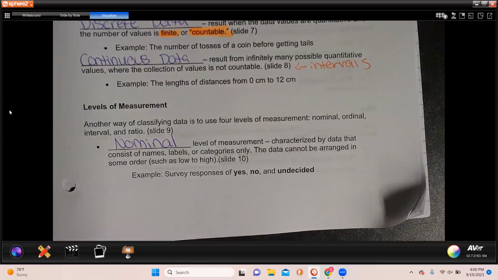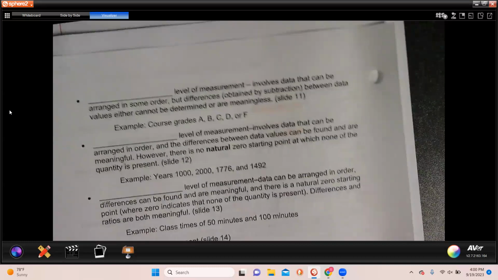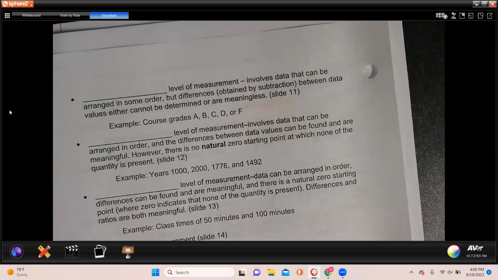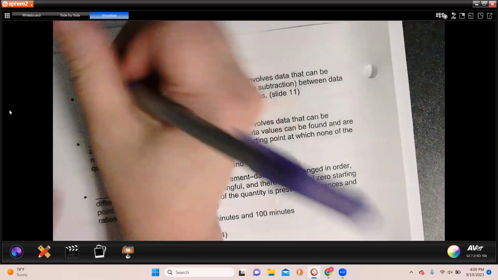Okay, so an example would be a survey response of yes, no, or undecided. Okay, those are just categories. I don't have any more in-depth information. I can't even order this information, like I can't put it from least to greatest or anything like that. It's just what it is, basically. Okay, so the next one after nominal is the ordinal.